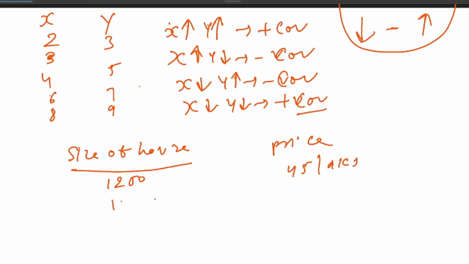If the size is 1300 square feet, then the price is 50 lakhs. If it is 1500 square feet, then it's 25 lakhs. So what can you say about these two variables? Is the covariance of these two variables, associated with each other, positive or negative?